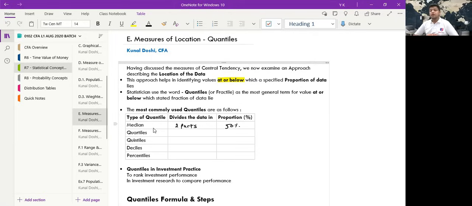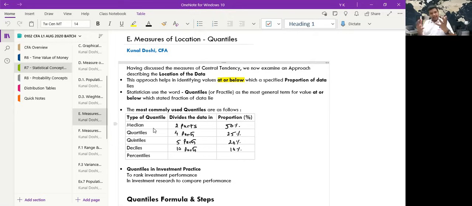Correct? Similarly, quartile divides the data into four parts, and therefore each part will have 25%. Quintile divides the data into 5 parts, and therefore each proportion will have 20%. Decile divides the data into 10 parts, and therefore each proportion will have 10%.